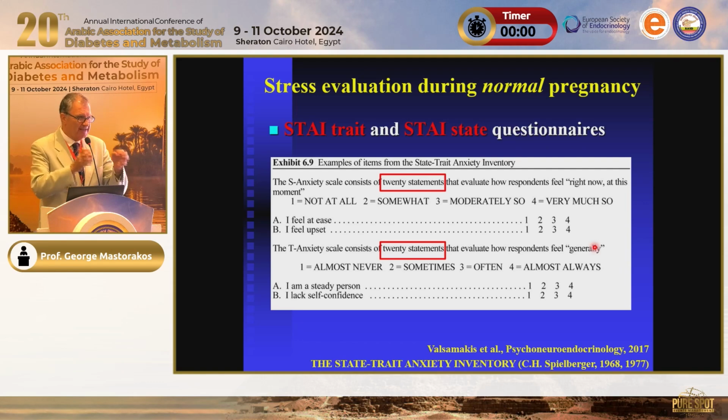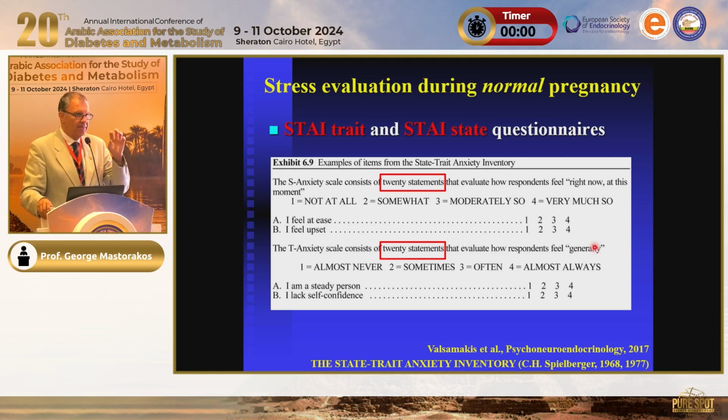But is it possible that maternal stress has anything to do with glycemia of the mother? Let's see this that we have studied a couple of years ago when we gave 2 questionnaires to the mothers. Each one has only 20 questions. They are called STAI questionnaires.